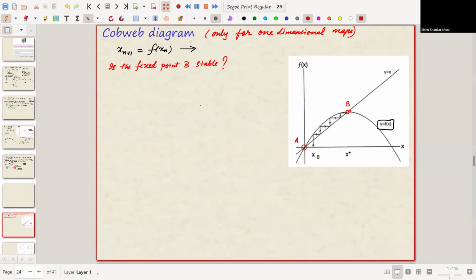So how do you make this cobweb diagram? You have to listen very carefully here. Observe what I am telling so that you can understand how this is going. It takes 2 to 3 steps.